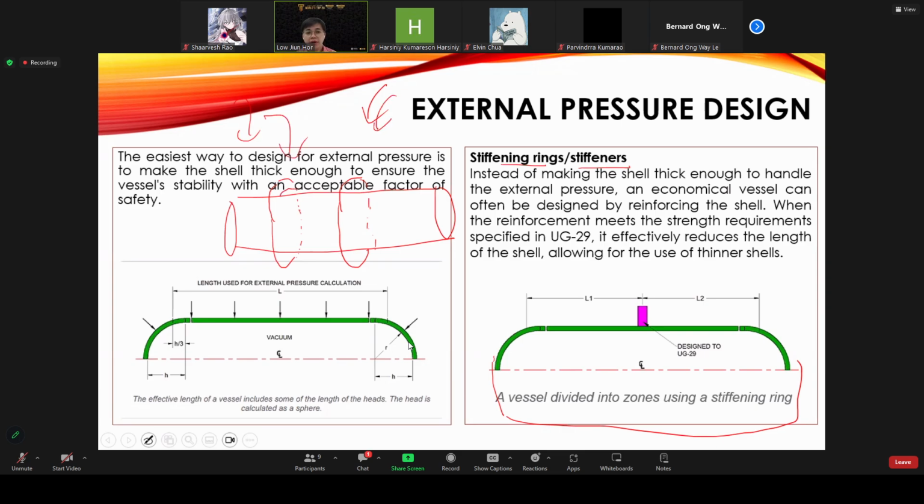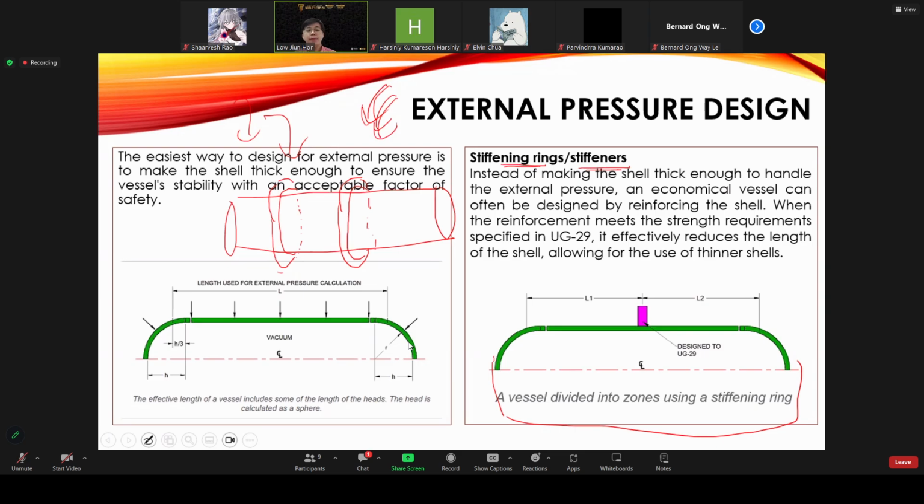And this one, the ring that we install here, is known as a stiffening ring or stiffener. And the installation of the stiffening ring here, you can imagine, actually provides the external support in order to assist the pressure vessel here to withstand the external pressure.